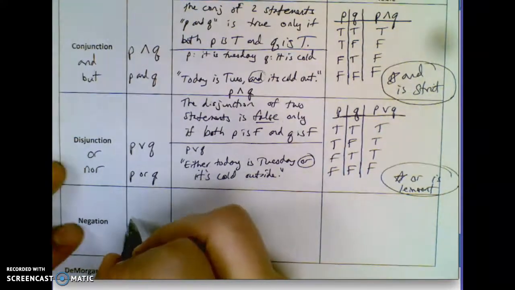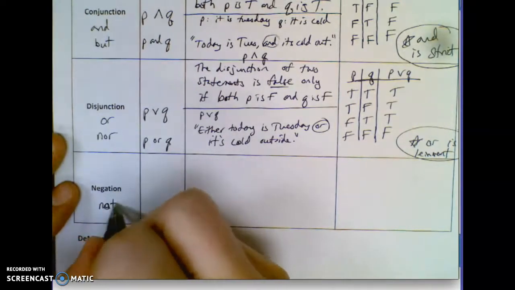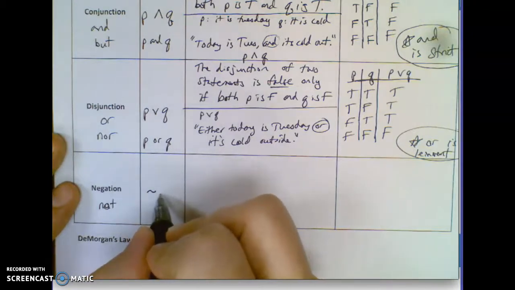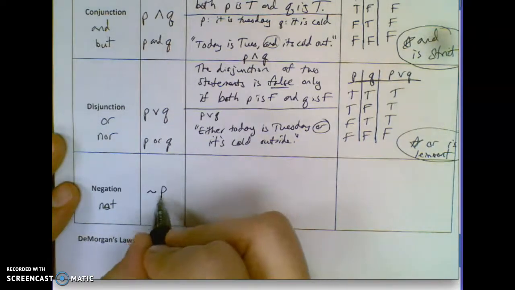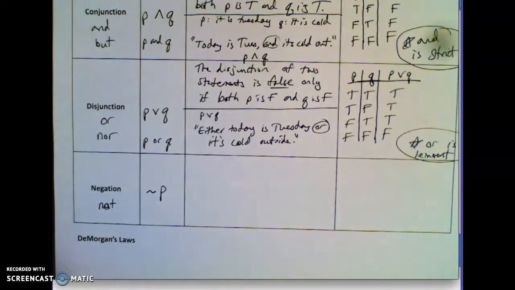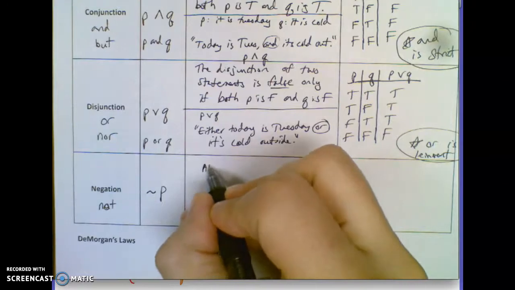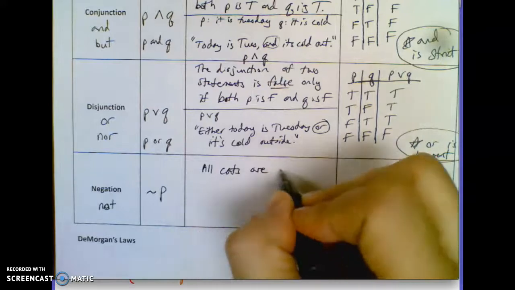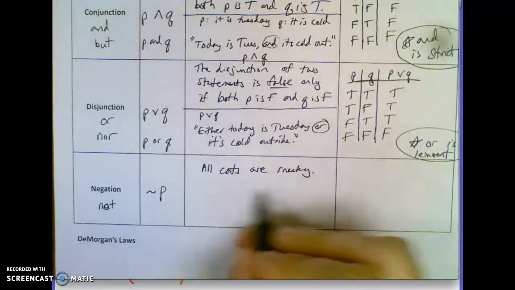Negation we've already talked about, but we didn't talk about the symbol for it. Usually you use the word not, but not always. The symbol for a negation is the tilde, the squiggle. So if my regular statement was "all cats are sneaky," that's a universal statement.